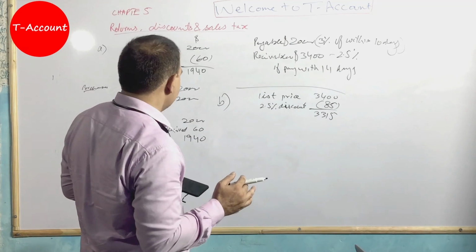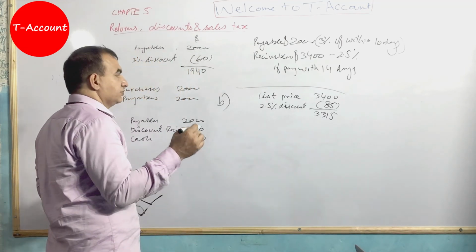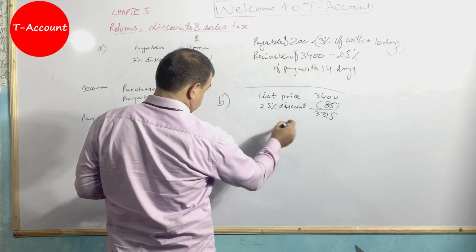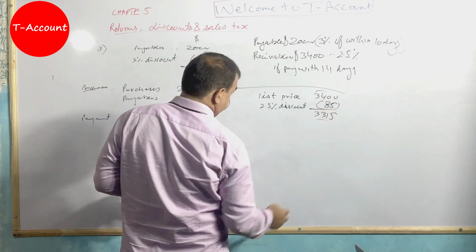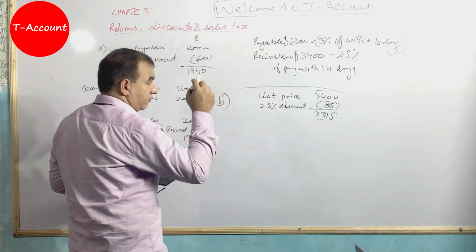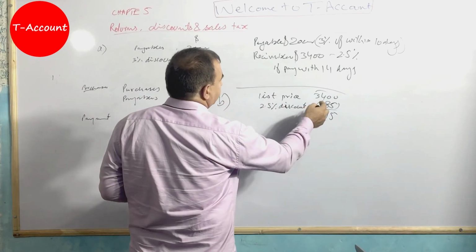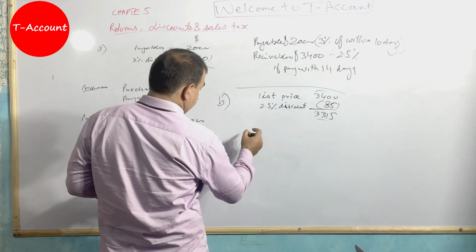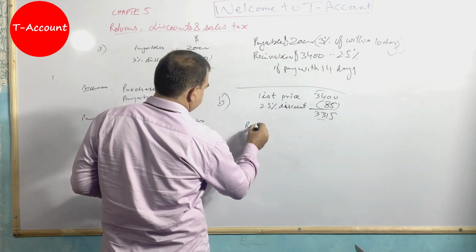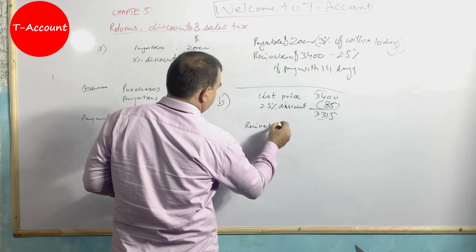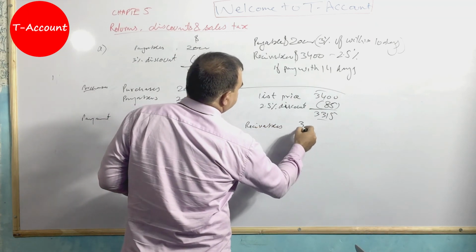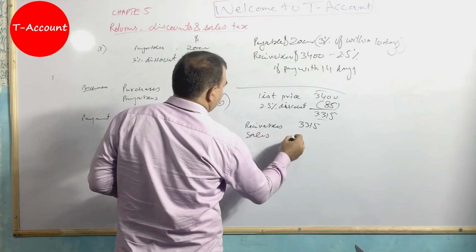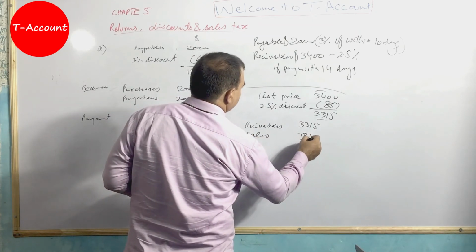As per their expectation, George must have booked this amount and not the full amount, because they were expecting Iris to take advantage of this discount and pay the net amount. So they booked receivables of 3315 and sales of the same amount, 3315.